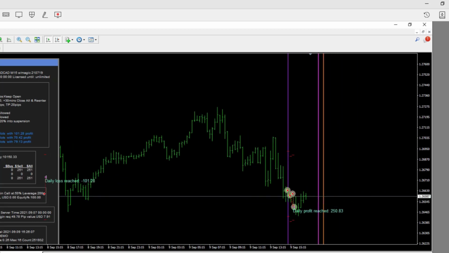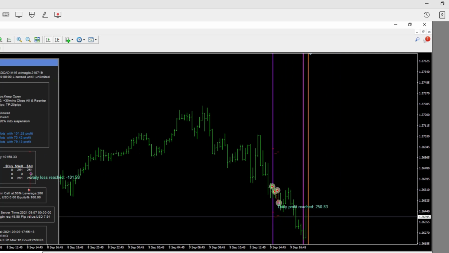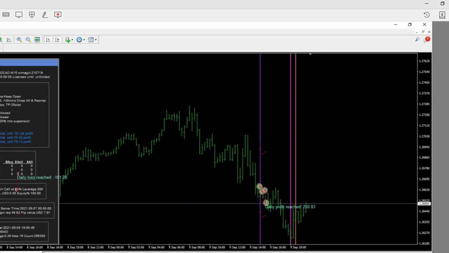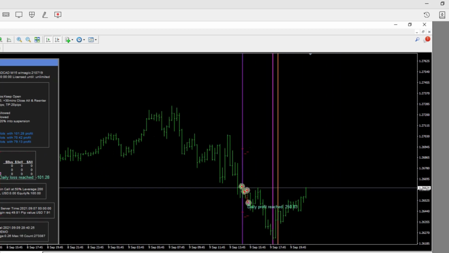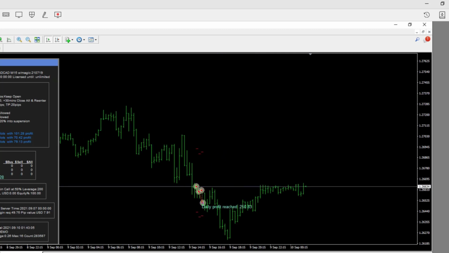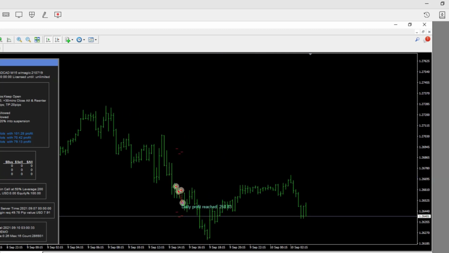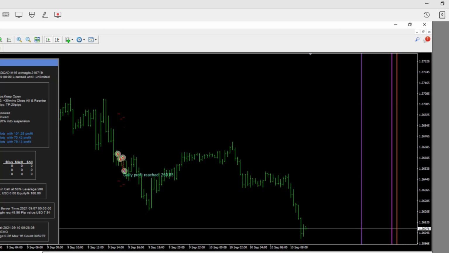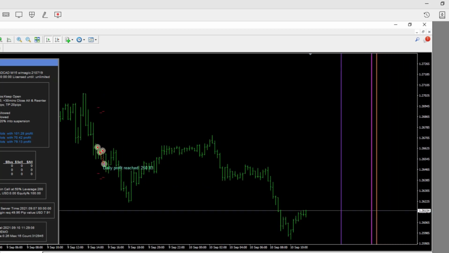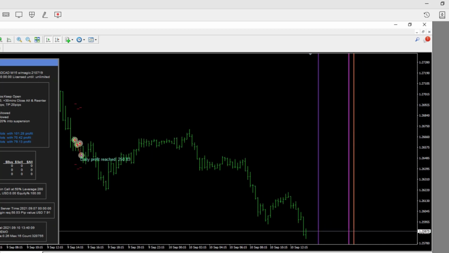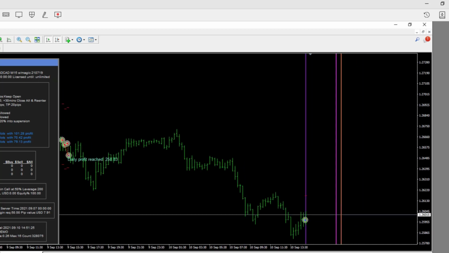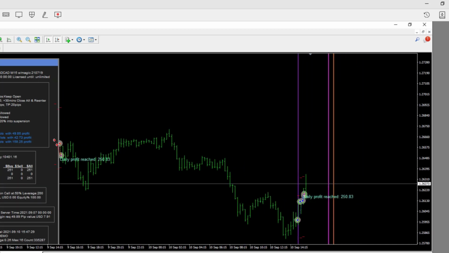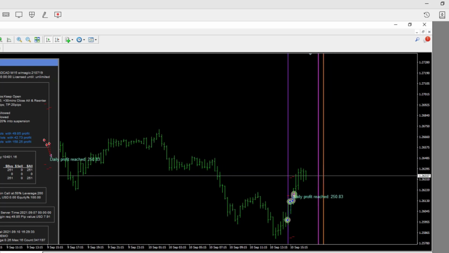It's hitting those targets too quickly, and I just think it needs more room. I might be wrong, but I will start playing around with the lot sizing to see if that will either improve the results or not. But these results, from my experience, appear to be happening too quickly. See, there we are. We're hitting the targets a little bit too quickly.